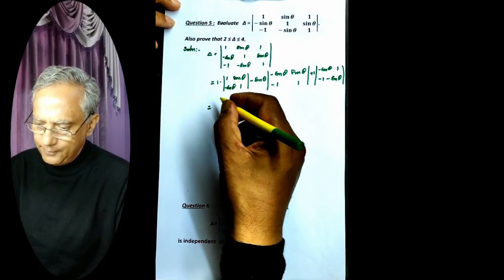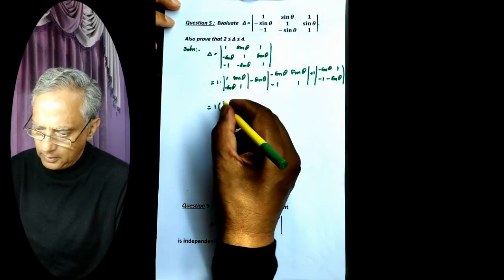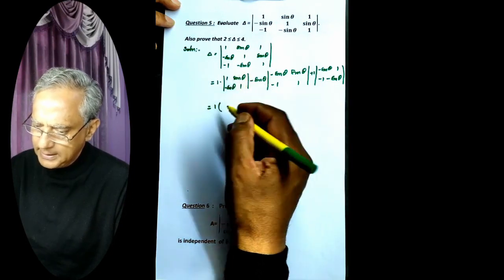Now we evaluate this. So this is 1 into 1, this into this minus this into this.